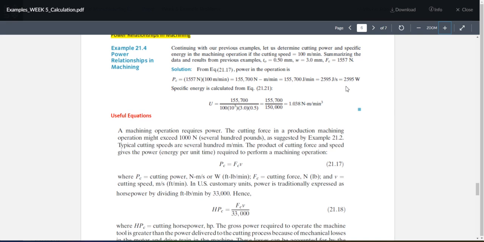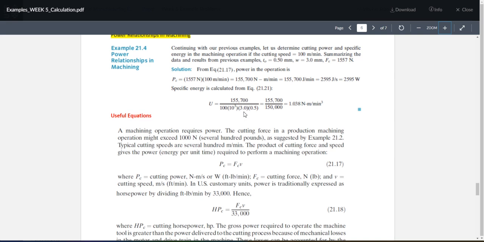It is the amount of energy required per unit volume removed. You can see that the equation is quite simple. First, we put here the amount of power in joule per minute, as it is. And below, we put the volume flow rate, or the amount of volume to be cut.